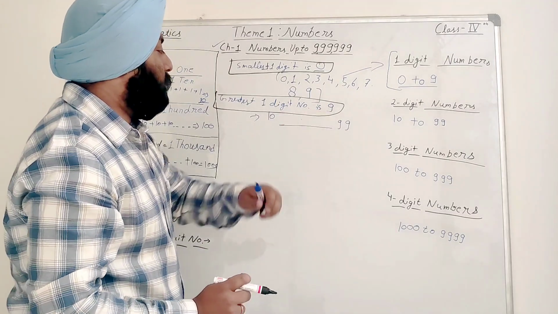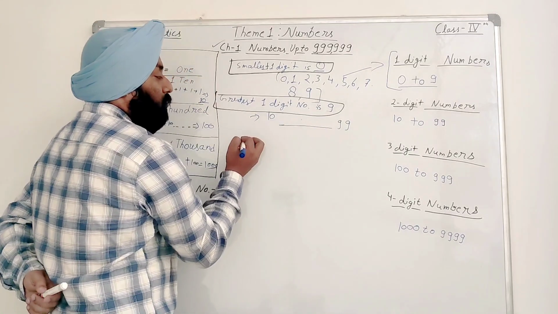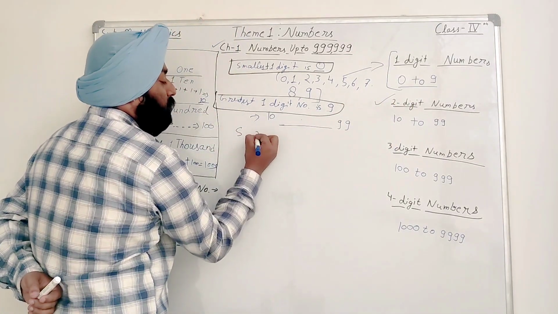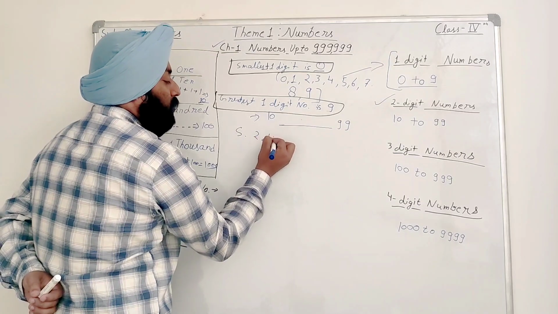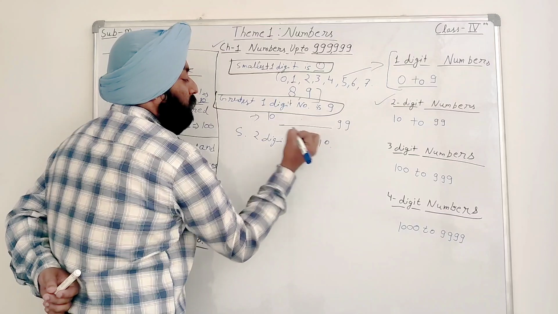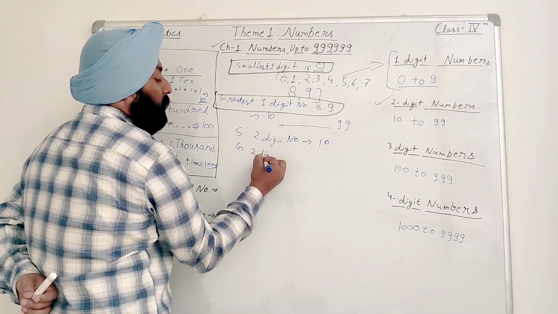Afterwards, two digit numbers: the smallest two digit number is 10 and the greatest two digit number is 99.